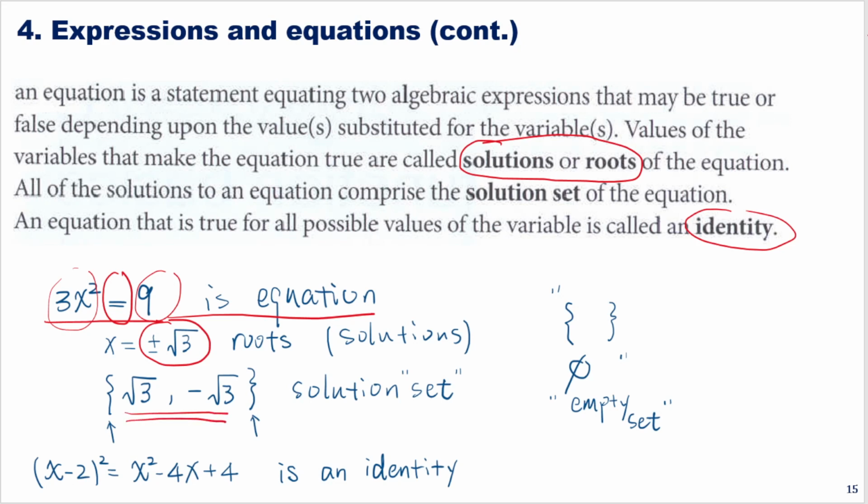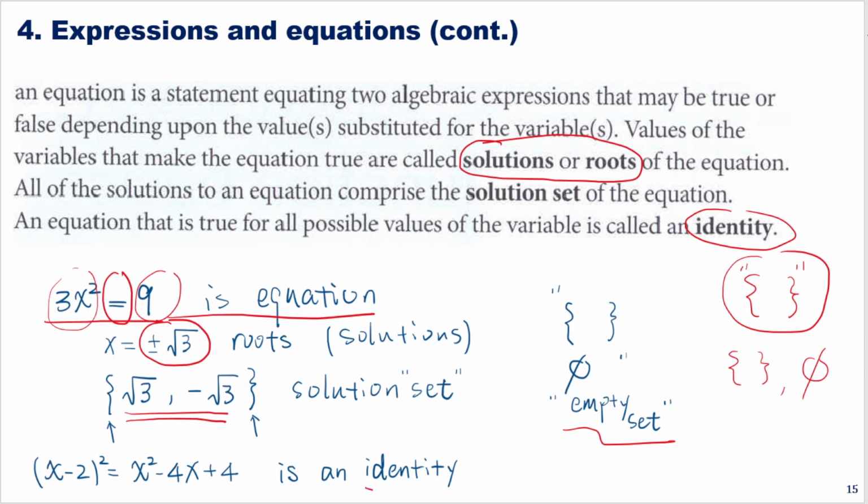Usually we use a pair of braces like this to denote a set. So when we want to express a set of several numbers, use this symbol here, okay? And when a set does not contain any elements, you could use this symbol or this symbol to denote the empty set, which means there is no element in that set, all right?